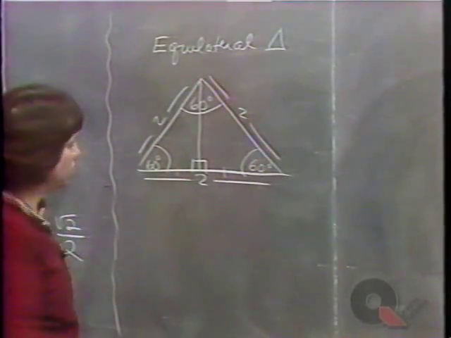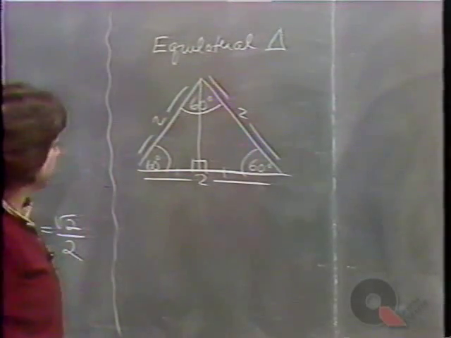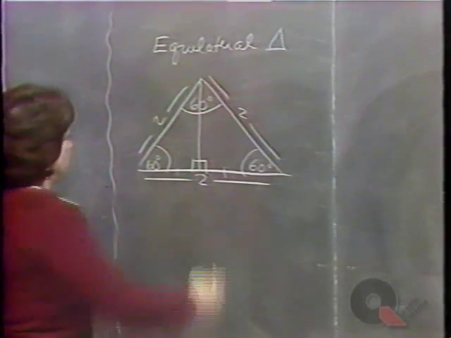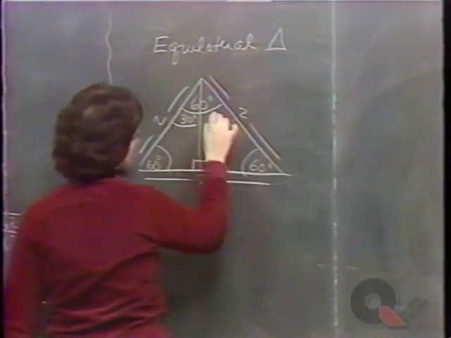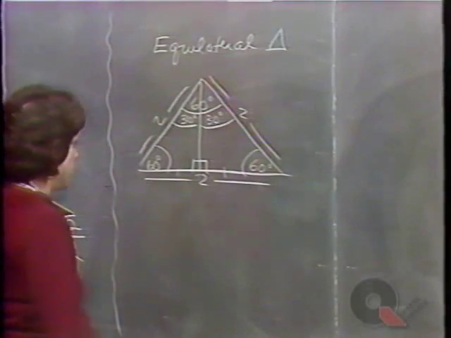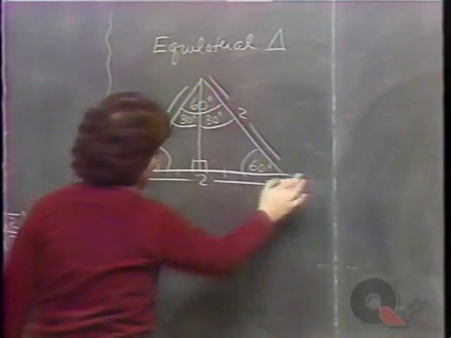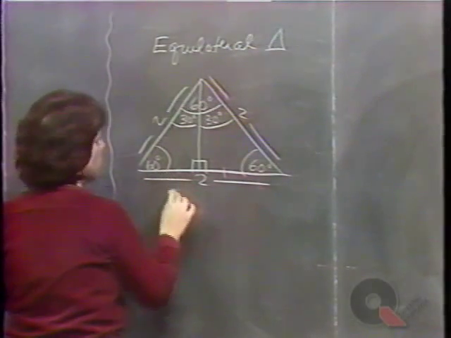The altitude, the median, and the angle bisector are all the same line segment. Now, if it's an angle bisector, it must cut the 60-degree angle into 2 equal 30-degree angles. And furthermore, it must cut this base of length 2 into 2 segments, each having length 1.